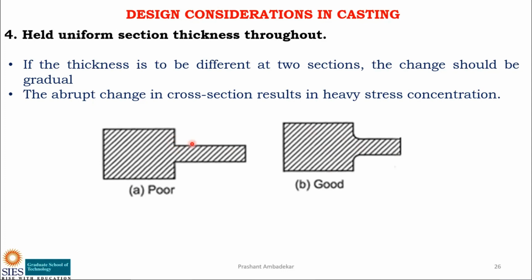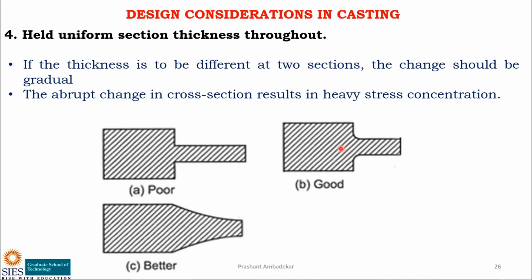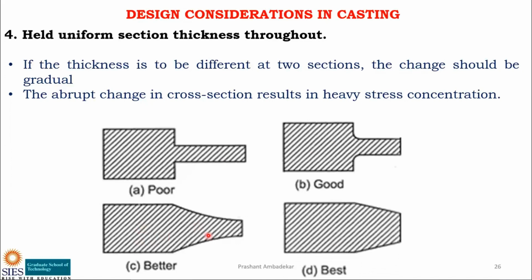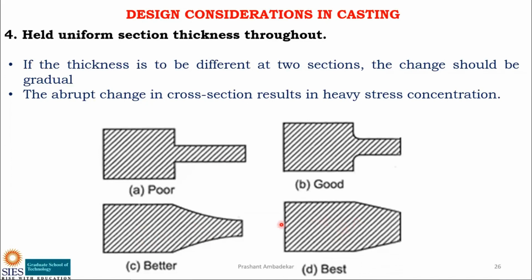You can see instead of a corner here we have a curved shape. Similarly here also, here as well as here, and even here and here, it can be improved. So now you can see instead of this first, second design, the third design is better and the fourth one is the best. So there are less chances of stress concentration in this case as compared to the other 3 cases.